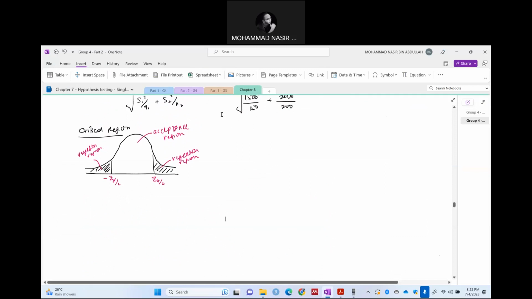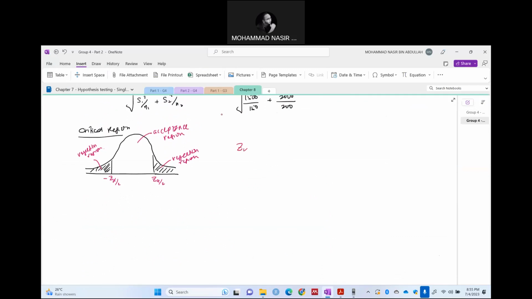Z alpha divided by 2 is equal to Z 0.025, which should be 1.96. So this is 1.96 and negative 1.96. The value of 1.96 we already discussed yesterday, right?